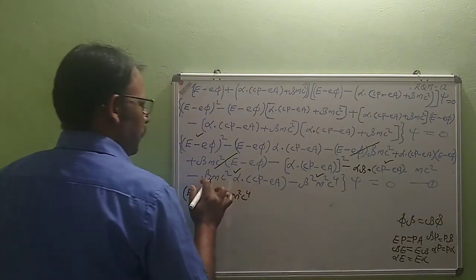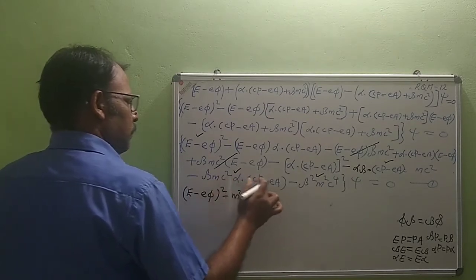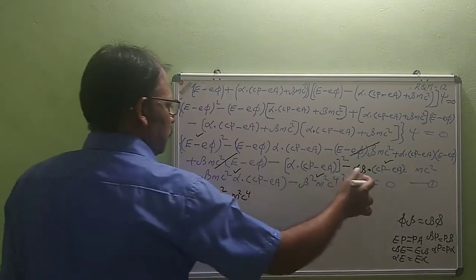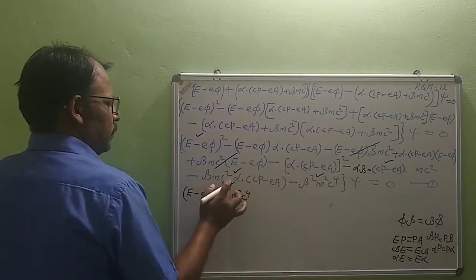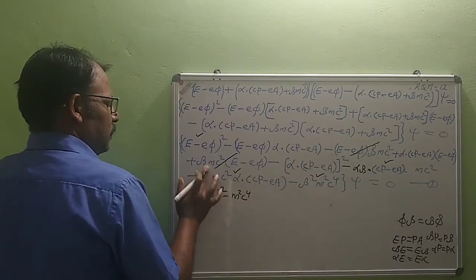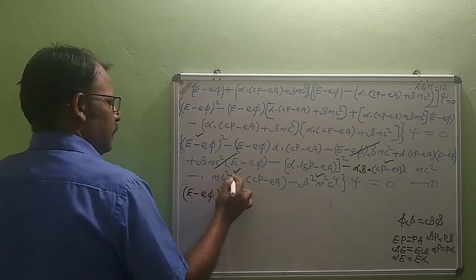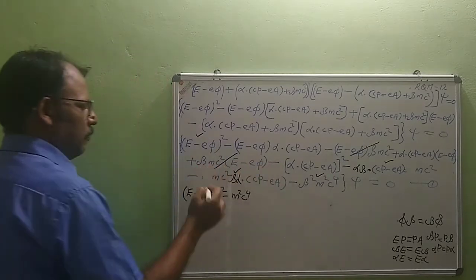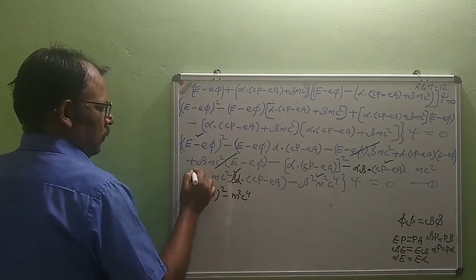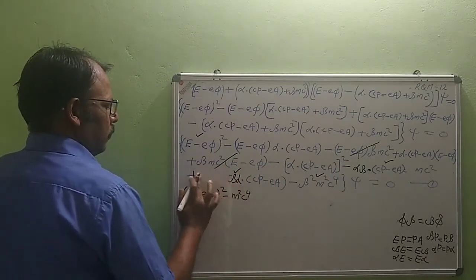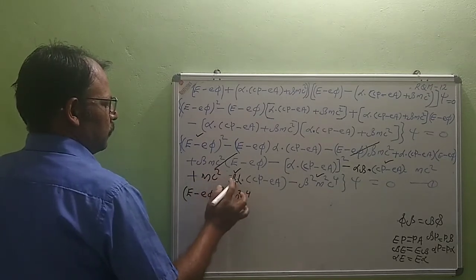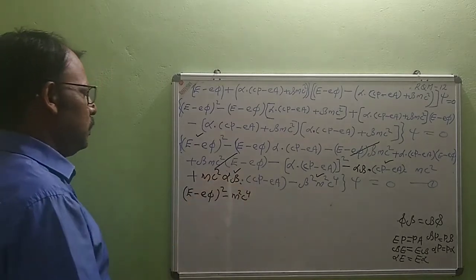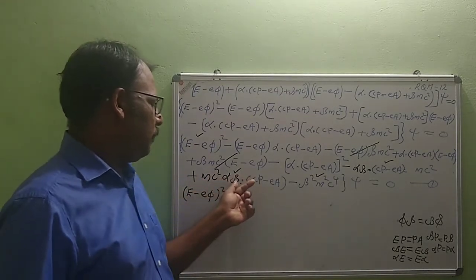This term is beta alpha dot (Cp minus Ea) into m c square. So beta alpha is minus alpha beta, since they are anti-commuting operators. So we can write this as plus m c square into alpha beta.